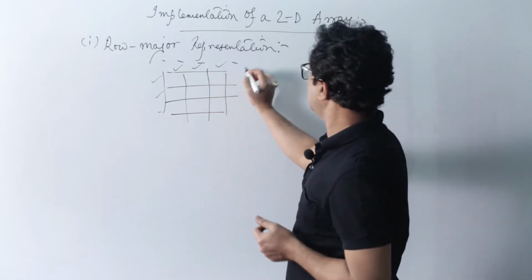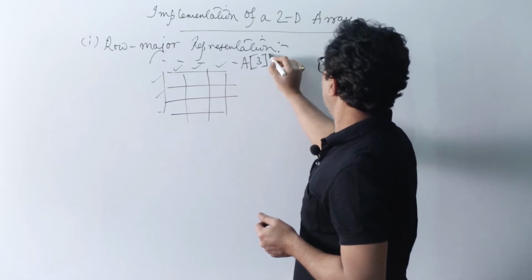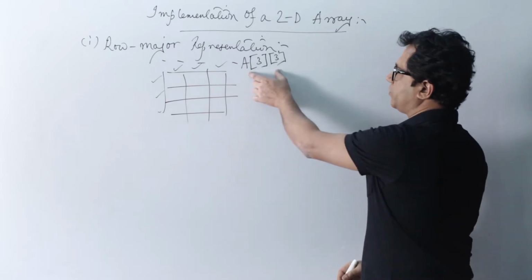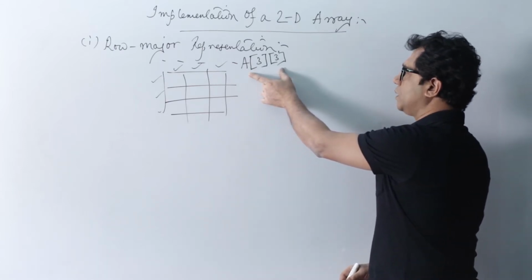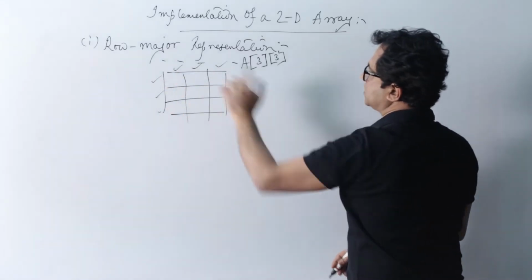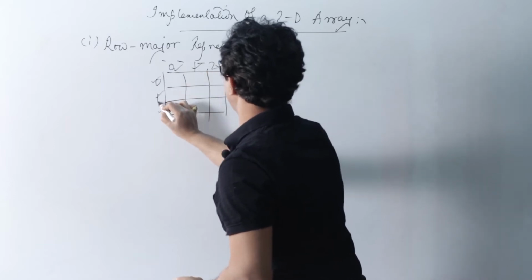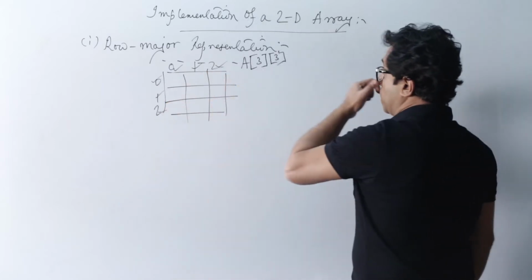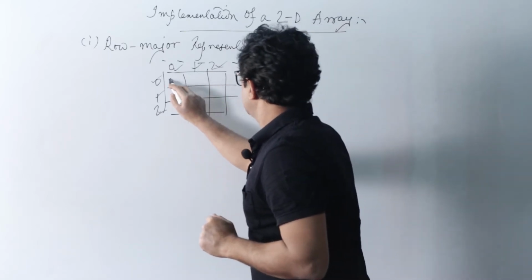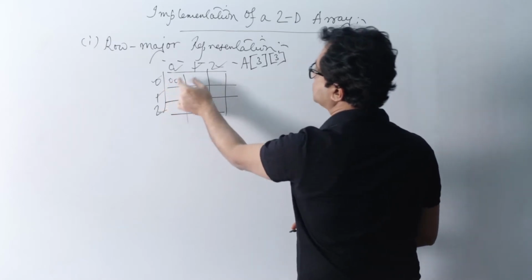So here we are dealing with an array. Say the name of the array is A and the row dimension is 3 and the column dimension is also 3. So A[3][3] is the array to be declared, whose logical representation is given here. The index will start from 0, 1, 2 and here also 0, 1, 2. So in the row major representation, the index of this cell is 0, 0.